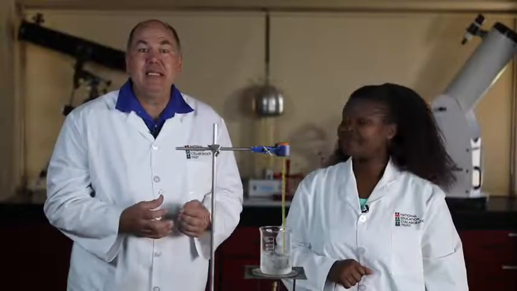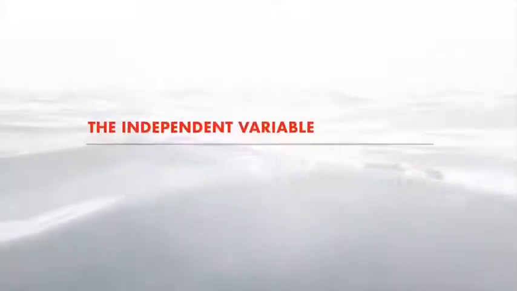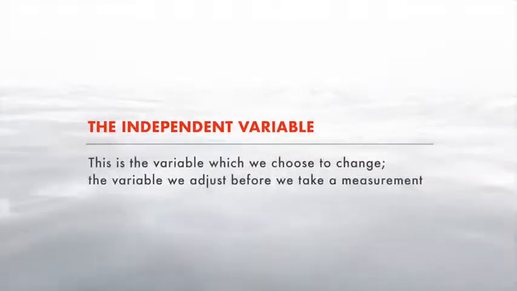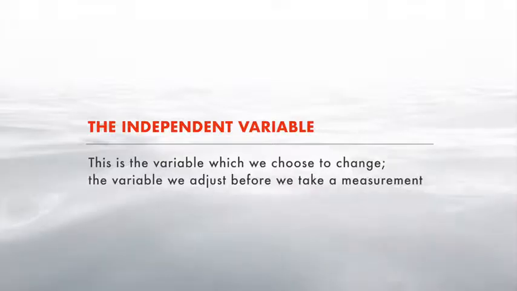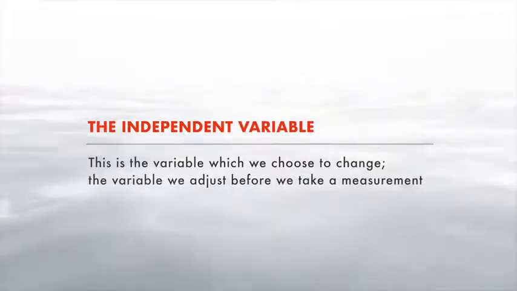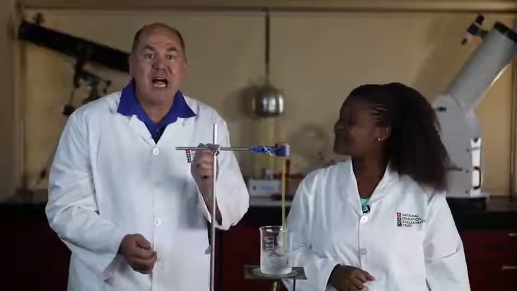It's time now to clearly identify the dependent and independent variables and the control variables in this investigation. Firstly, what is an independent variable? It's the variable that we choose to change, the variable that we adjust before we take a measurement. In this investigation, the independent variable is the time interval that we choose between recording the temperature of the water.